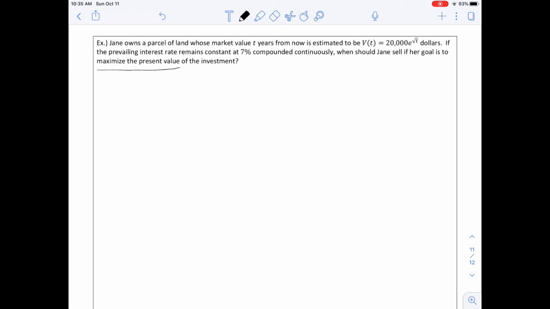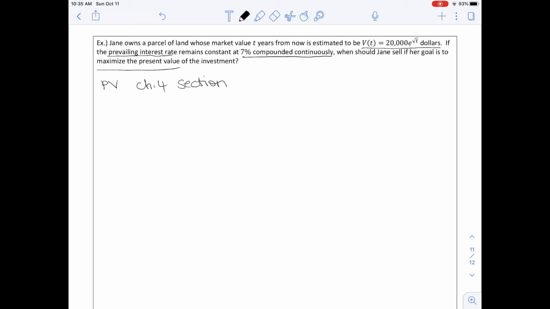And so again, we are given that she owns a parcel of land whose market value is estimated to be, and they give us a function there, and the prevailing interest rate remains constant at 7% compounded continuously. And we discussed present value back in chapter 4, section 1.